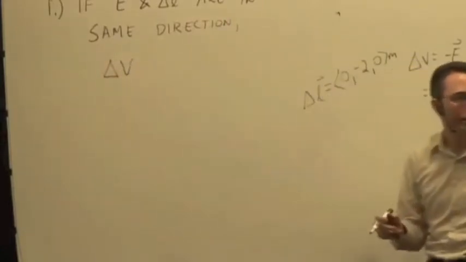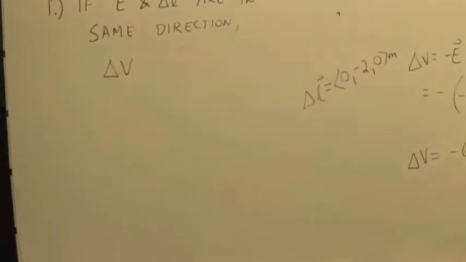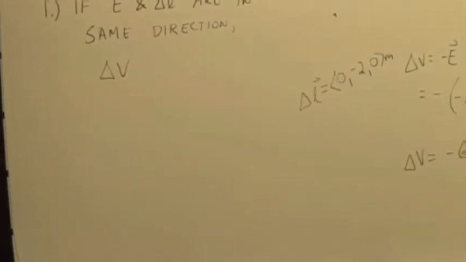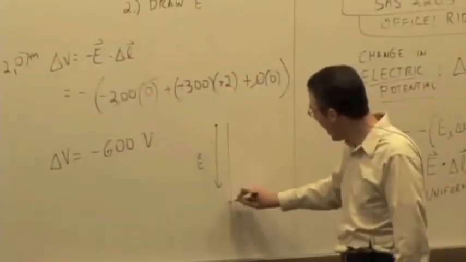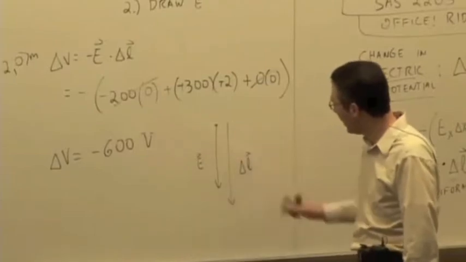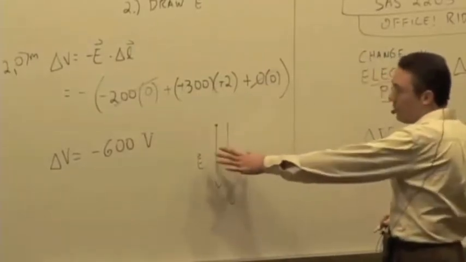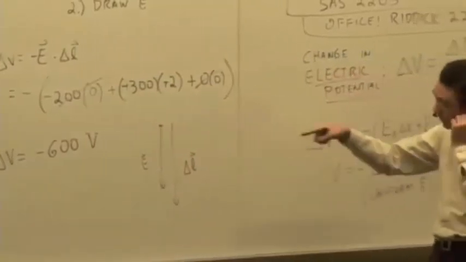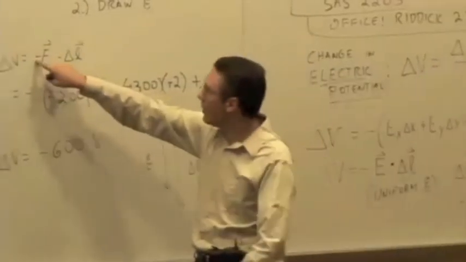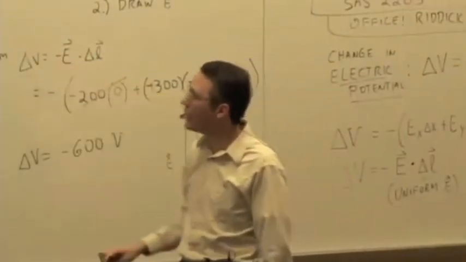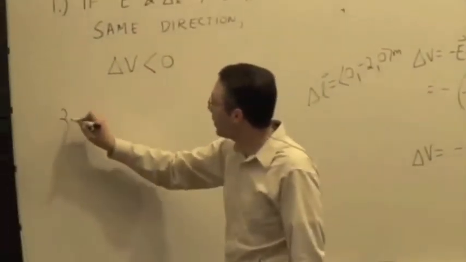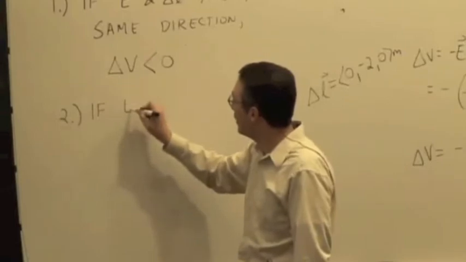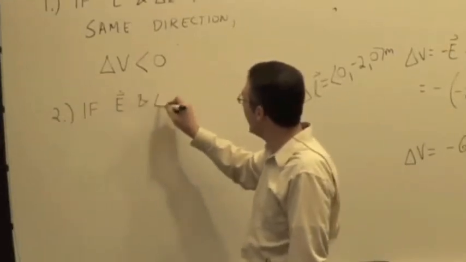What sign was it? It was negative, wasn't it? Because the electric field was pointing down, and the path was pointing down. The dot product E dot dl, if they're in the same direction, will give you positive, but you're multiplying by a negative sign. There's always this negative sign out front. So delta V is less than 0.